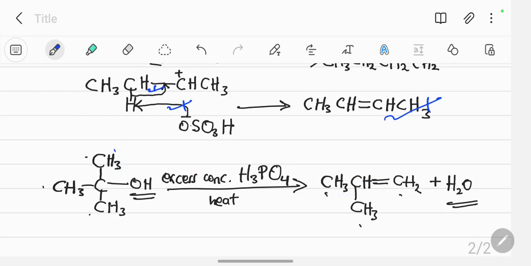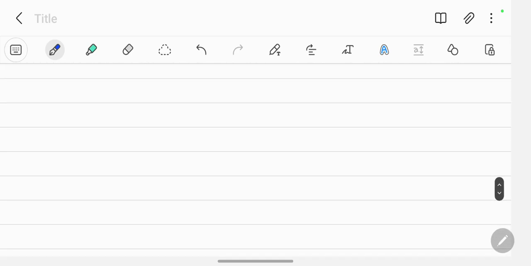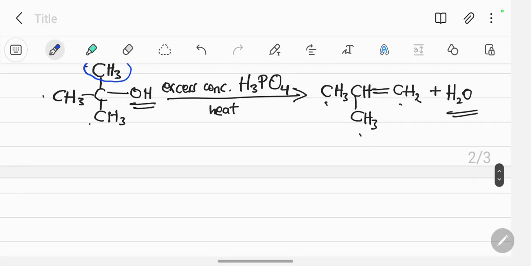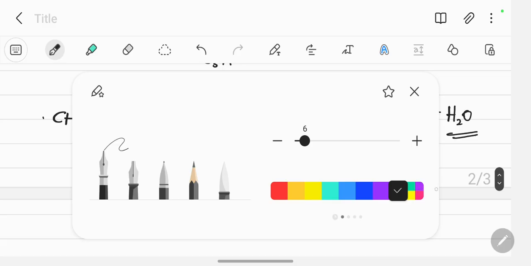So we've sacrificed this carbon atom and removed only 1 hydrogen, such that this is what happened. You may get confused. This is what happened.